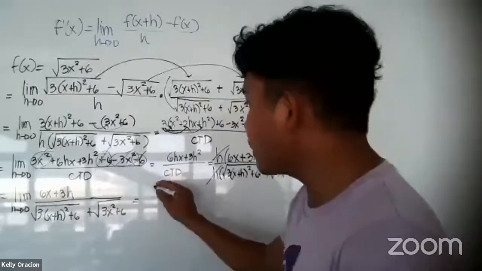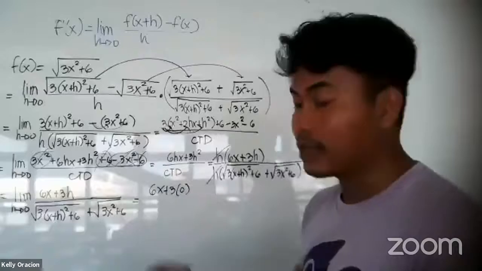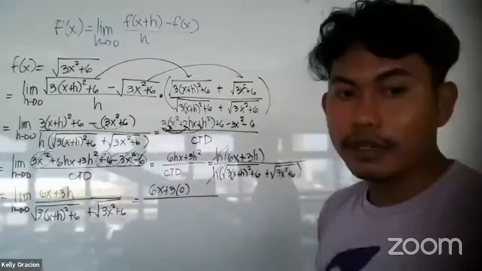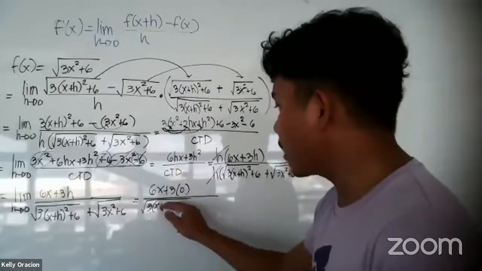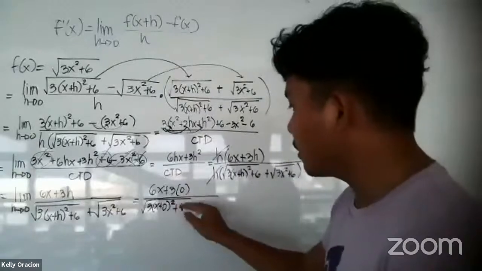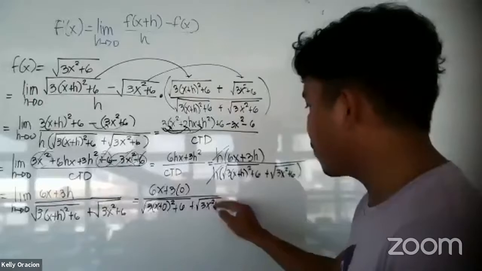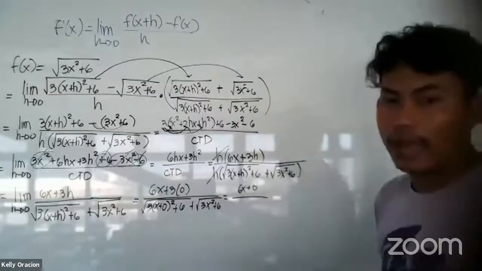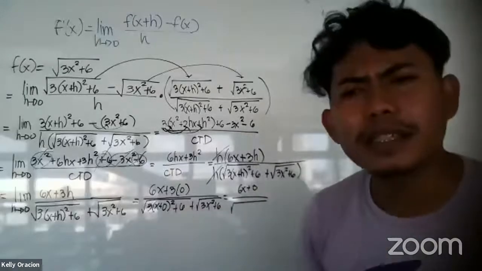So in this case, 6x plus 3 times 0, kasi our h is 0, over square root of 3 times (x plus 0) squared plus 6, plus square root of 3x squared plus 6. So 6x plus 0, over x plus 0.